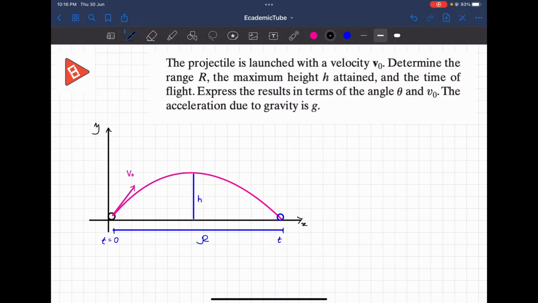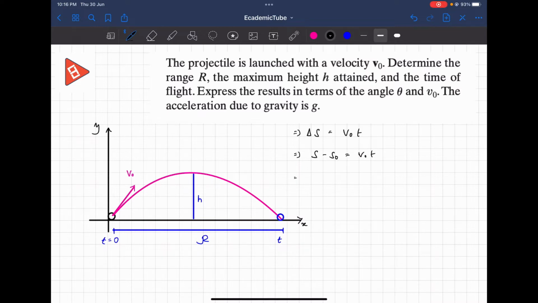As we know, the distance traveled by any particle is equal to its velocity times time. So the final distance minus initial distance can be written this way.